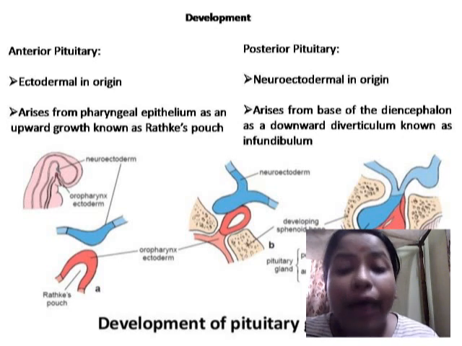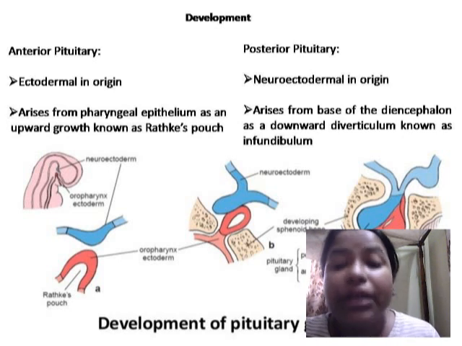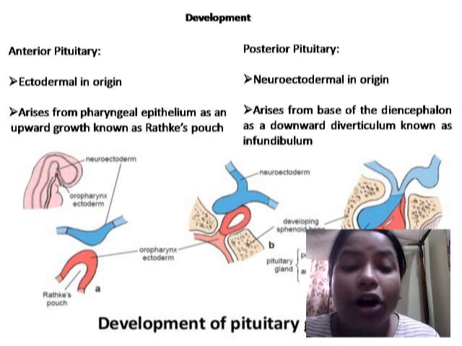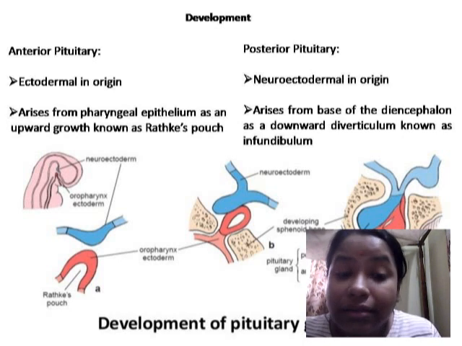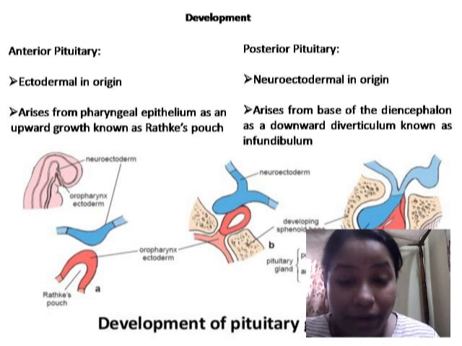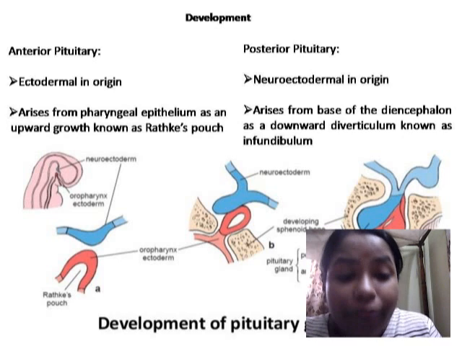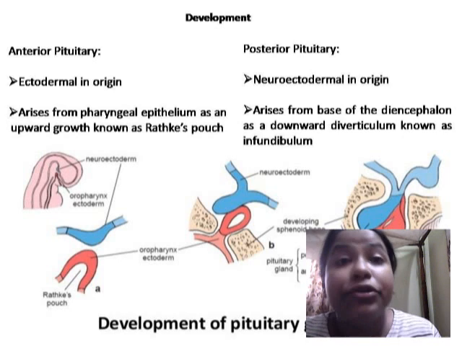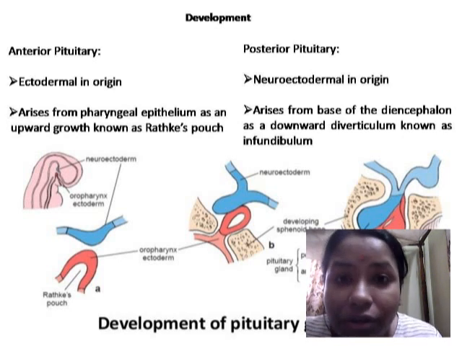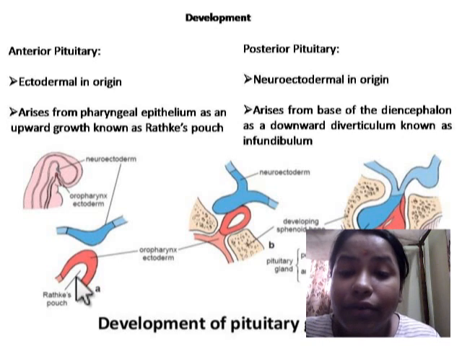Now the Rathke's pouch and the downward diverticulum from the hypothalamus meet midway between the roof of the buccal cavity and the base of the brain, and thus the pituitary structure is formed. See here, this is the Rathke's pouch.